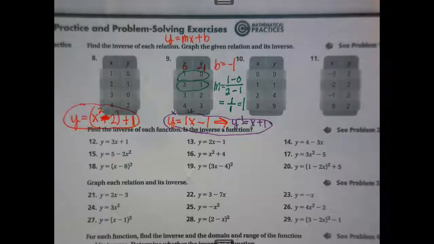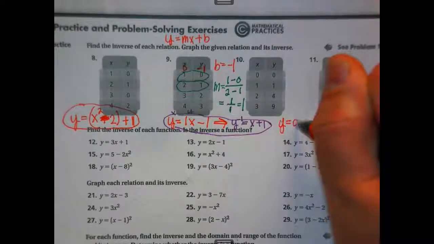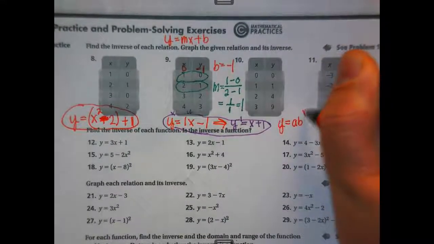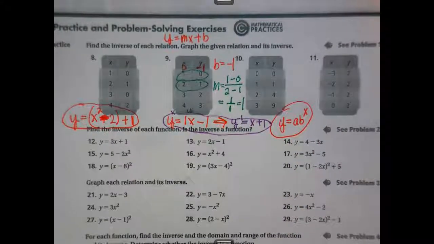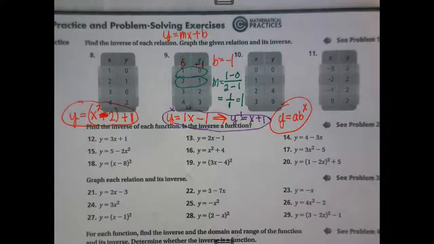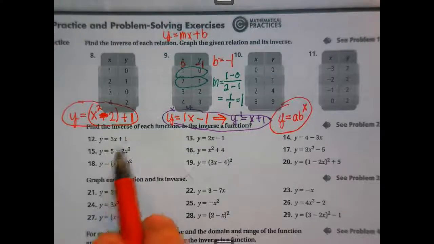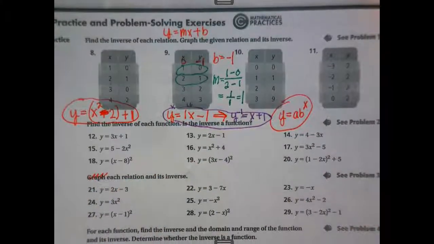Patrick? It's the growth function, y equals ab to the x. So you have to come up with the inverse function for that. There are your functions that you have to come up with inverses for. And again, wherever it says graph, don't graph, just find the inverse.